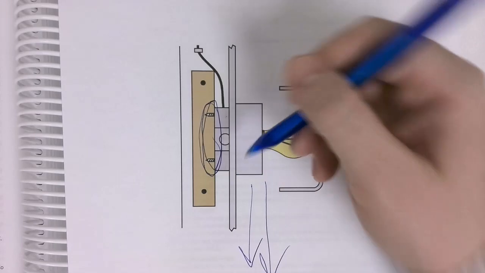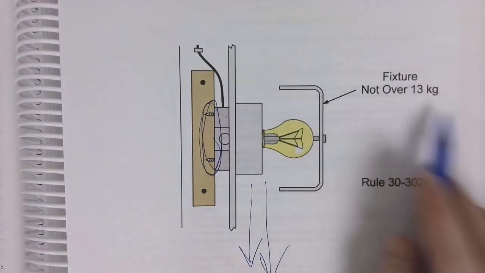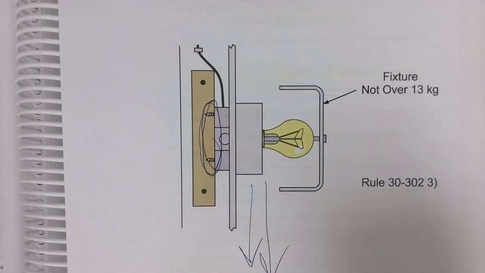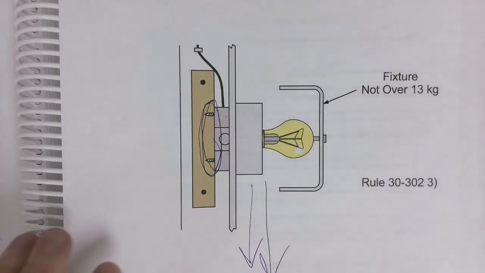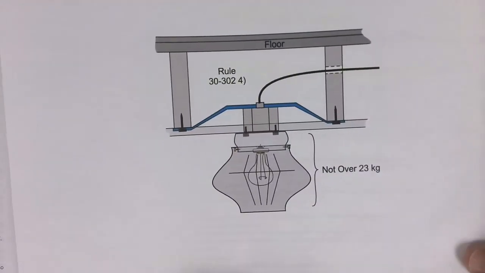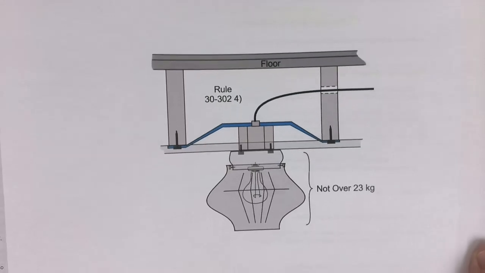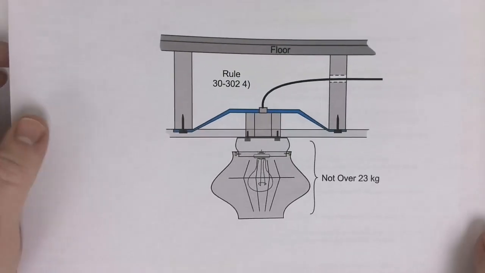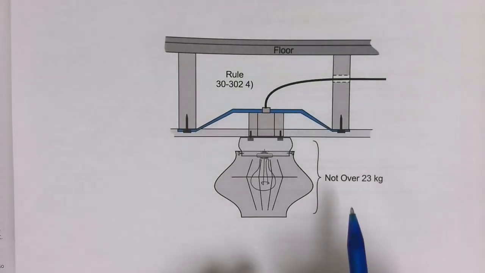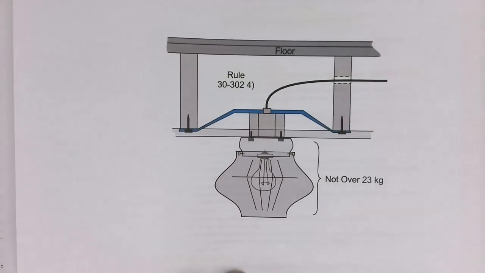It's going to be a little uneven, pulling straight down. So we can't be over 13 kilograms for a light on a wall. But for a light attached to a ceiling, which is maybe the more common way we install lights, we could have more weight, or a larger amount of kilograms that we cannot exceed, however you want to look at it.